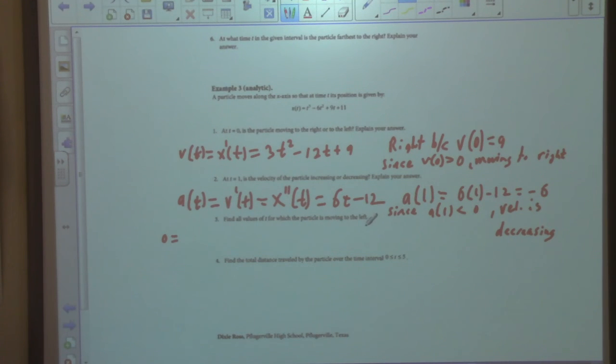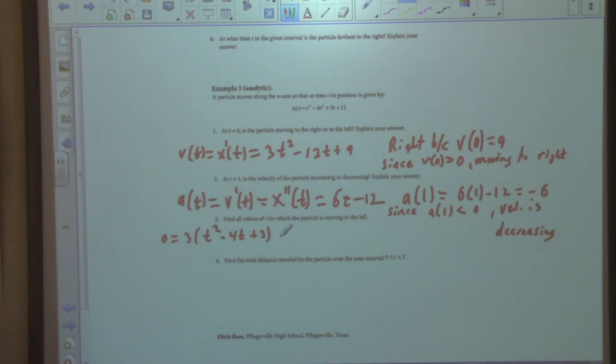So I put 3t squared minus 12t plus 9, is that right? Yeah.